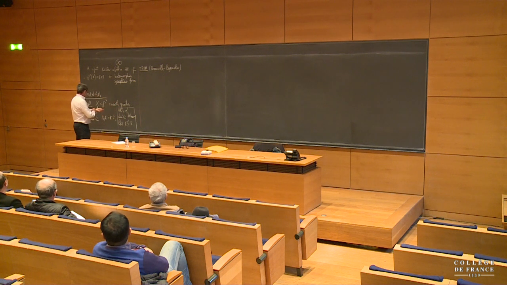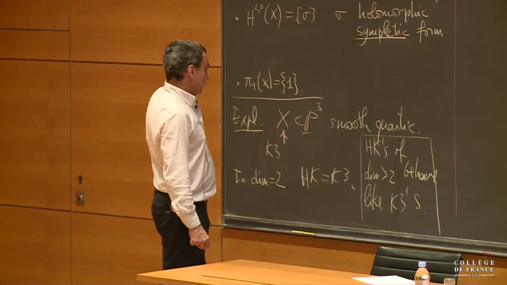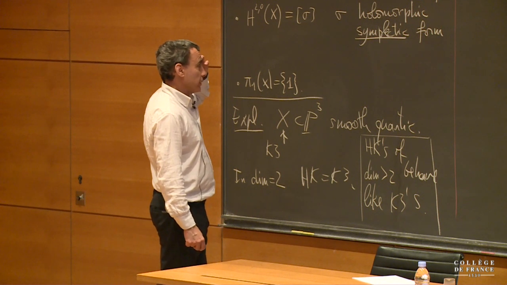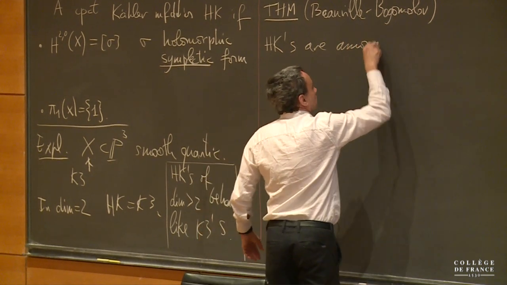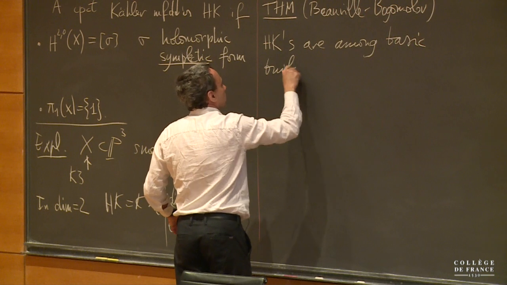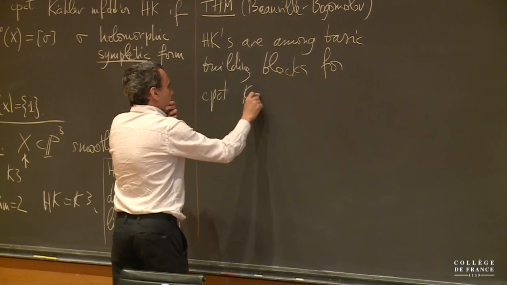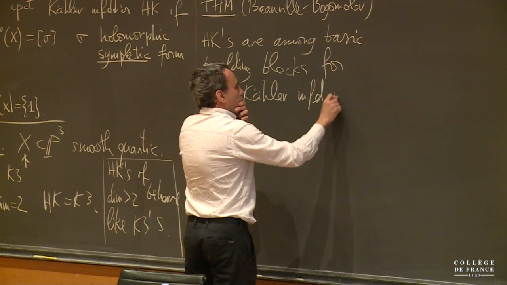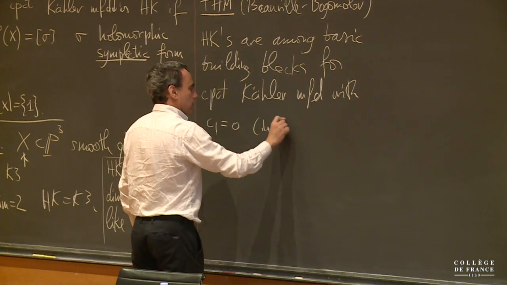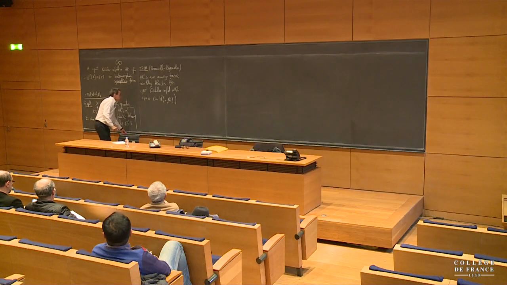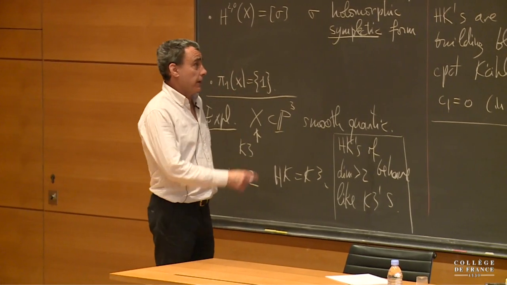Essentially, this theorem says that Hyper-Kählers are among the basic building blocks for compact Kähler manifolds with torsion C1, the other building blocks being compact complex tori and Calabi-Yaus.